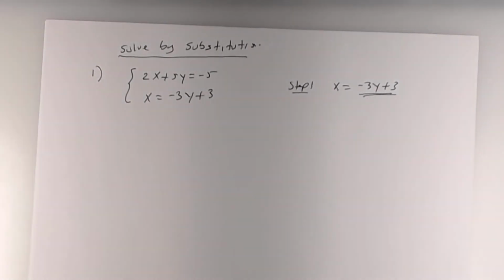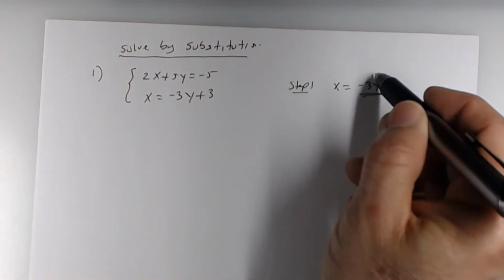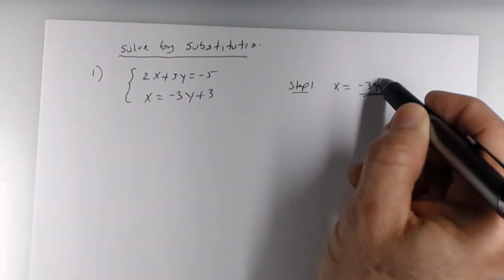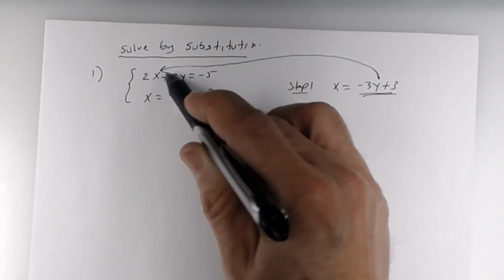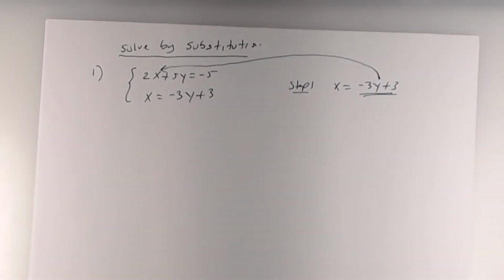What does x equal? It equals negative 3y plus 3. So I go to the other equation, and in the variable x, I substitute, hence the word substitution, negative 3y plus 3, because that's what x is.